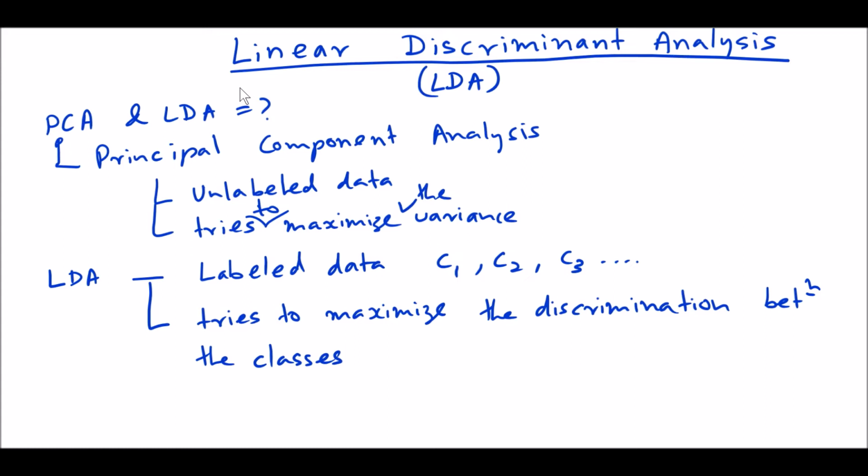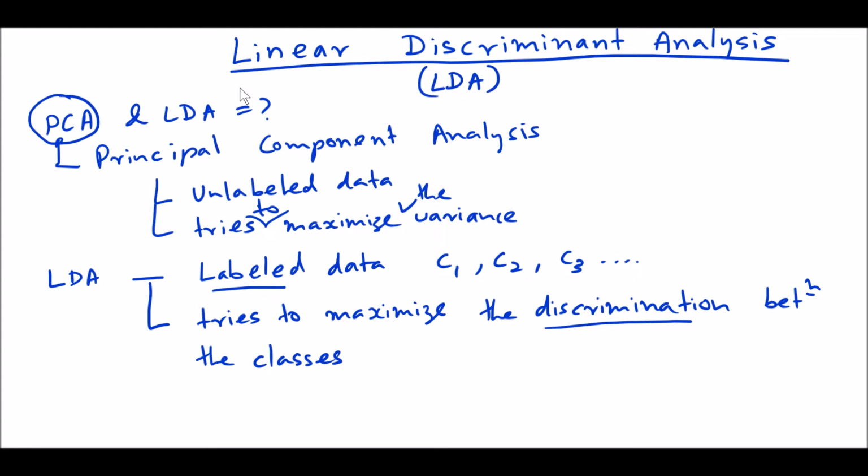LDA takes labeled data and tries to maximize the discrimination or the separation between the classes, that is the separation between the means, as well as minimize the variance. So it actually looks at two things.